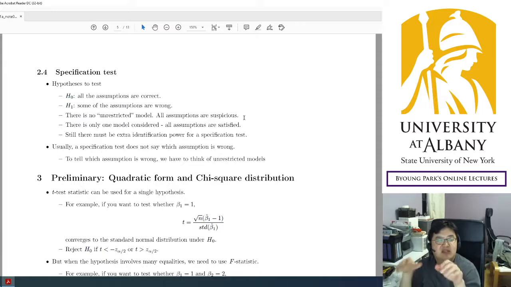And finally, specification test is another type of hypothesis test, but it does not specify what is the restricted model, what is the unrestricted model. So you need to think about all the assumptions. Then there is no unrestricted model in this case.